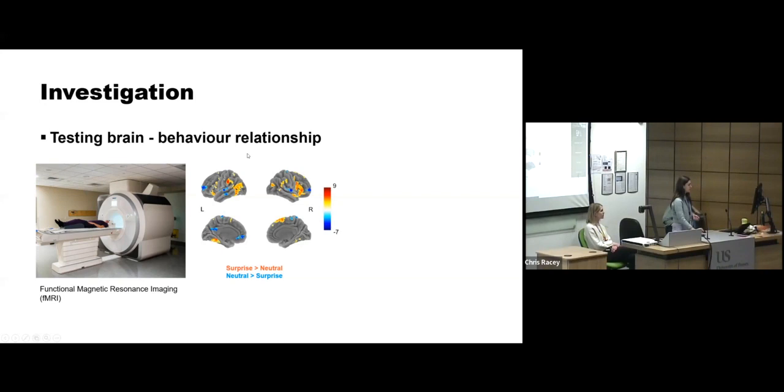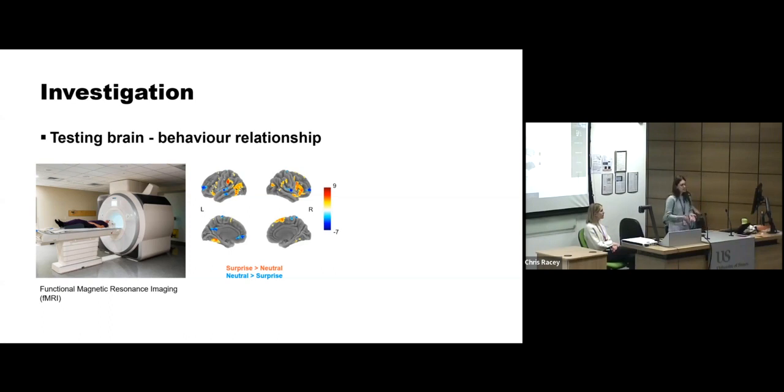And so later, when we analyze our data, we can get these statistical maps that are showing which brain regions were more activated in one condition compared to another. So for example, when people were perceiving the squeezing the sponge act compared to when they were perceiving the milk pouring action, these yellow areas were more activated.